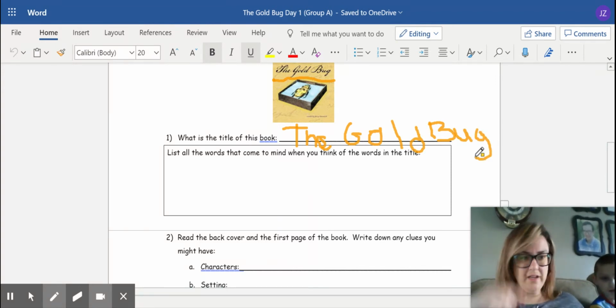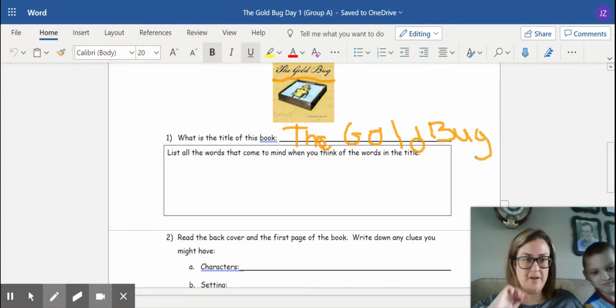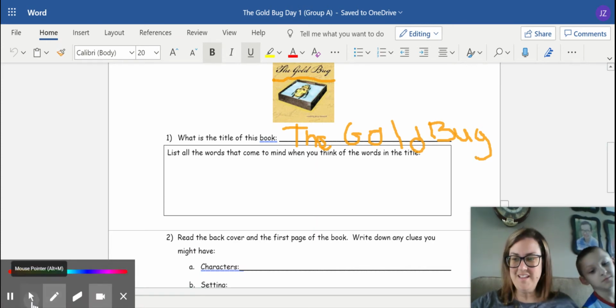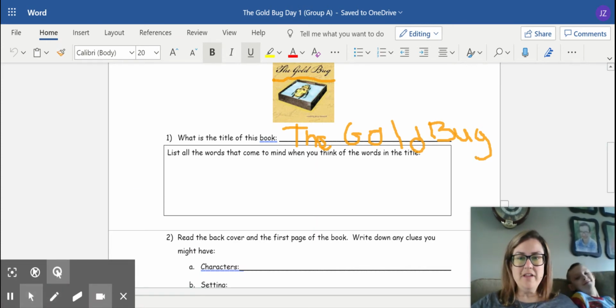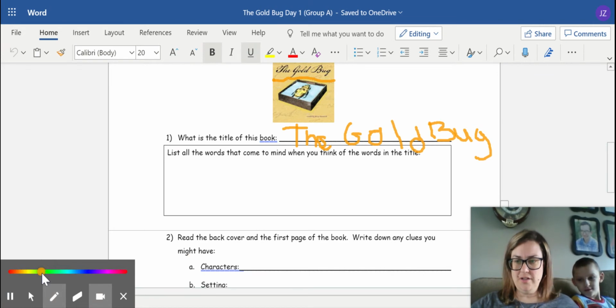Of course, my handwriting is not so good on the computer, but bear with me. Now we look at question 2. The second part of question 1.